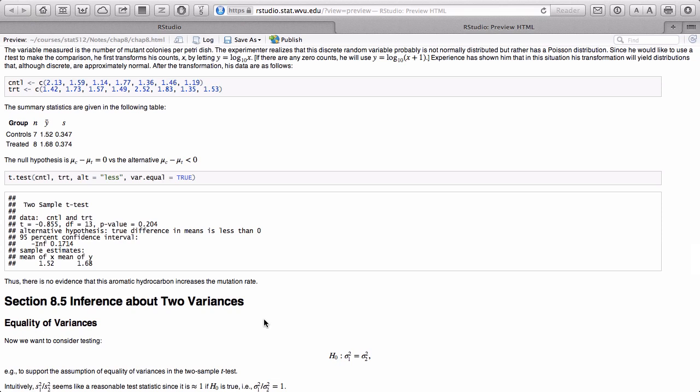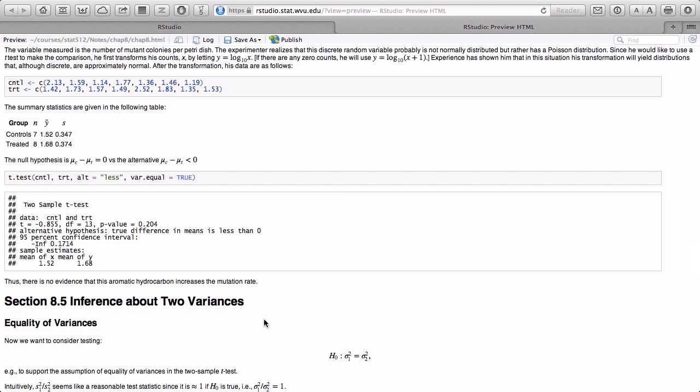And we can get a confidence interval on the mean, and there's something to consider here. What is the confidence interval? Well, the thing is, it's a one-tailed confidence interval. I did a one-tailed test, so I'm going to get a one-tailed confidence interval.